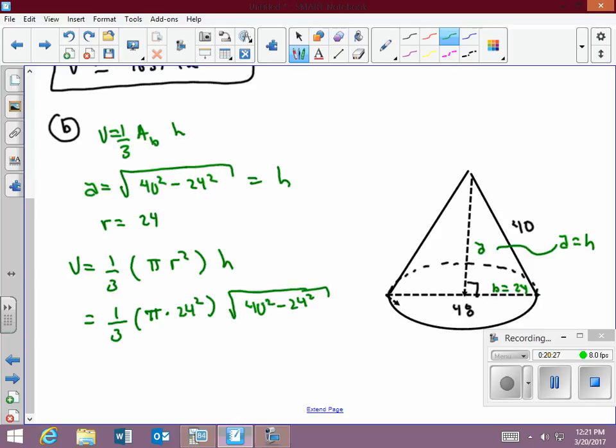I could get rid of that 3 in the denominator by factoring out that 24, but it does not make it less of a calculator problem, so I just put it in there. So it's pi times 24 squared times the square root of 40 squared minus 24 squared divided by 3.